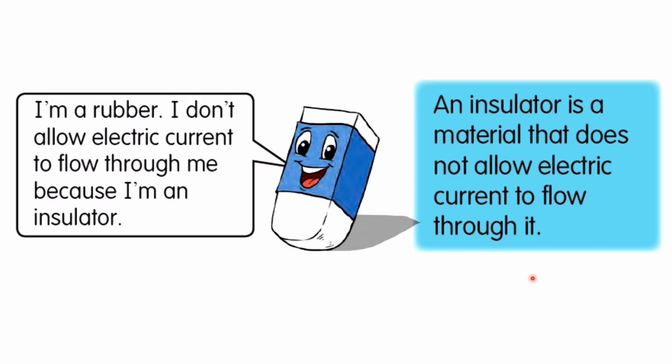Conductor will allow electric current to flow through it, while insulator does not. So when you replace the switch with a paper clip, the bulb will light up because it is a conductor. But when you replace the switch with this rubber, the bulb will not light up because this rubber is an insulator.